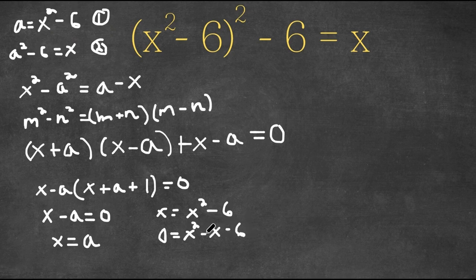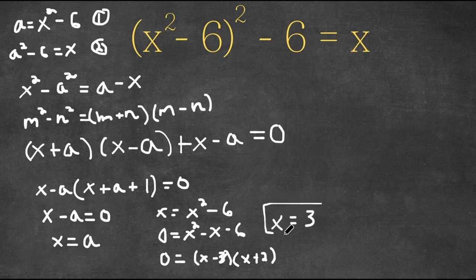Now we have a quadratic equation, and this would actually be simplified to 0 is equal to (x − 3) times (x + 2), meaning our two solutions for x would be x is equal to 3 and x is equal to negative 2.